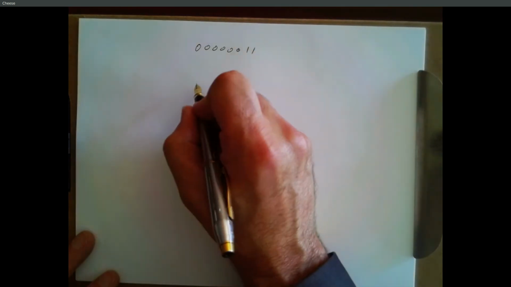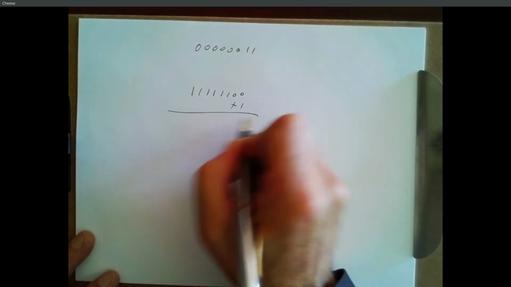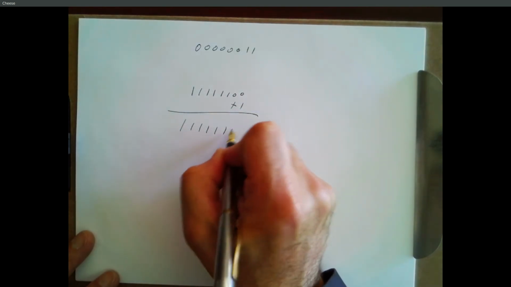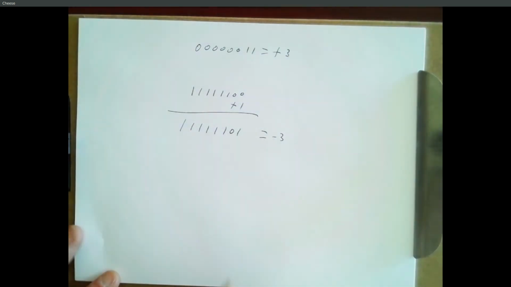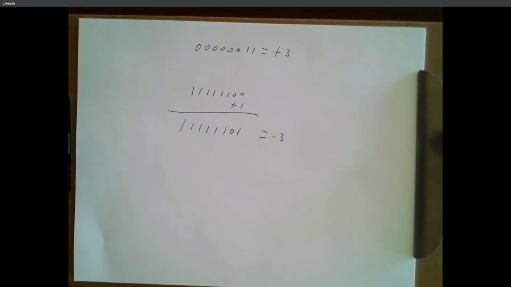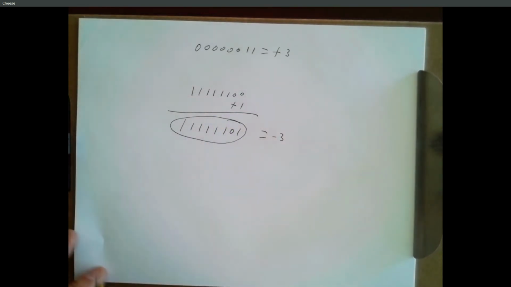If you want to find negative 3, we toggle all the bits and we add 1. So this is negative 3, this is positive 3. If you're told that you're using 8-bit binary and 2's complement notation and you're asked what negative 3 looks like, you have to write down all 8 bits.